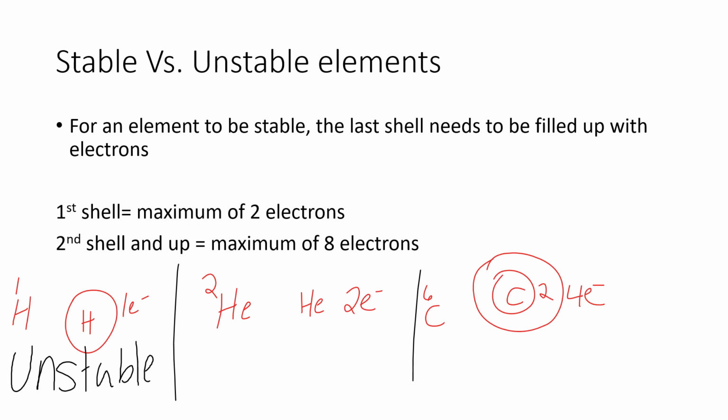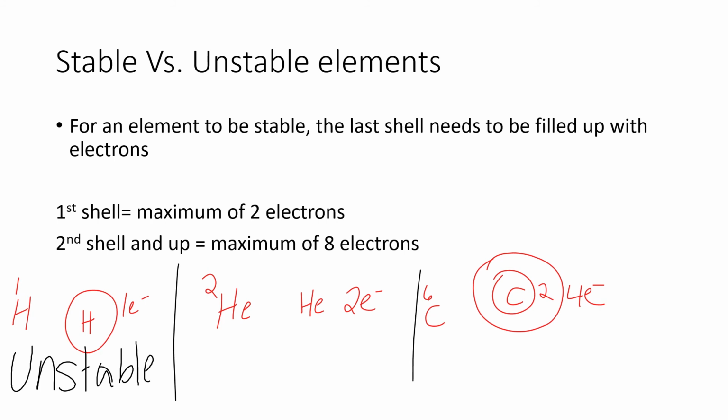That means that hydrogen is not going to be found on its own in nature. You will always have it bound to another element. So hydrogen gas is actually H2 because it's unstable, and so you will have to have 2 hydrogens binding and helping each other out. They will share their electrons so that they can become stable.